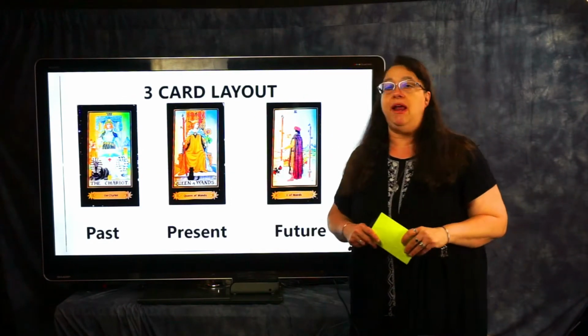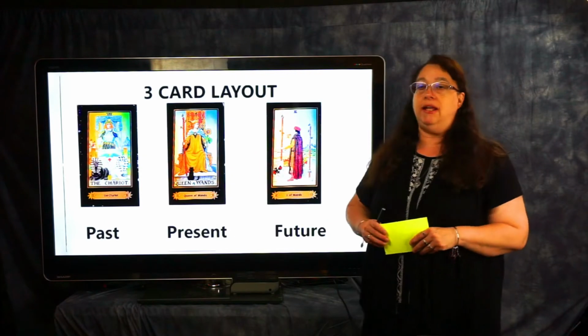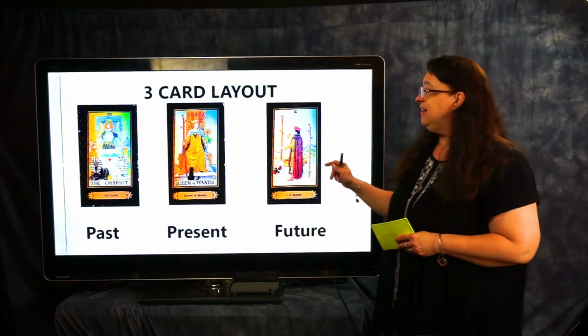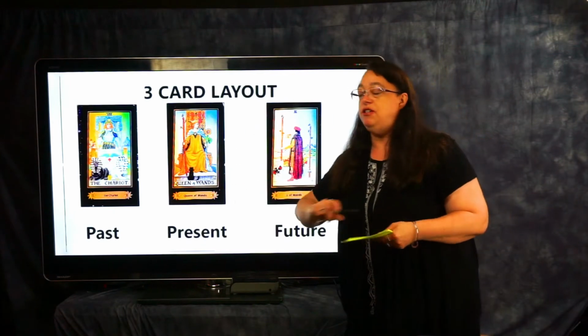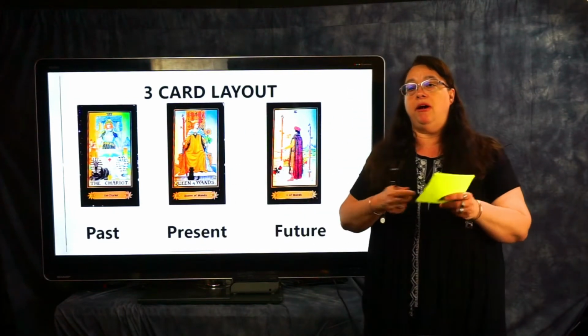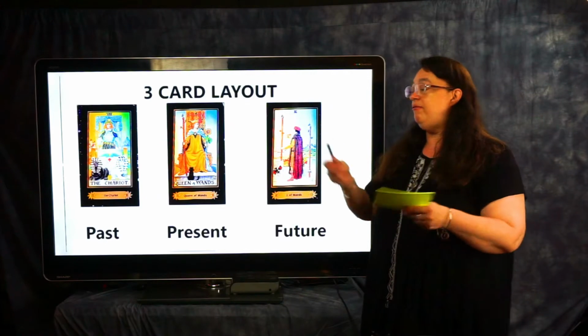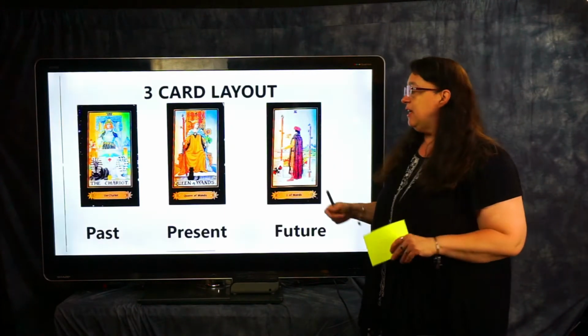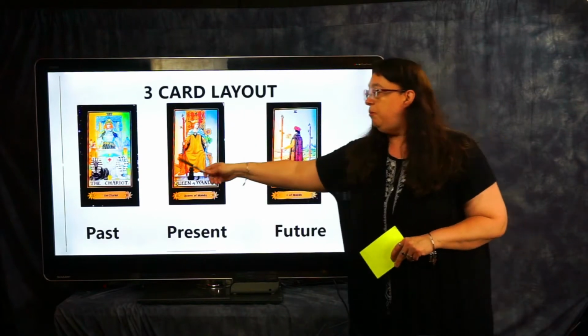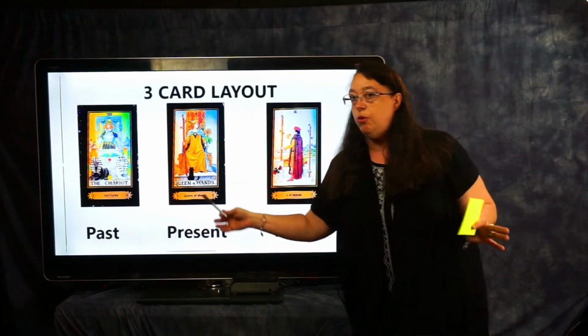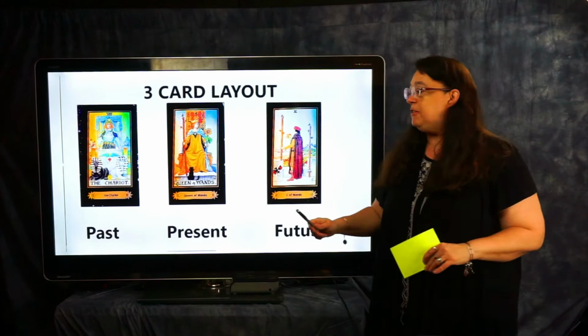The most basic one out there probably is the 3-card layout. Basically the idea is you shuffle your cards and pick 3 different cards, either one right after the other, or you might pull them out of the deck, or they might fly out, however different readers like to do it. You lay them out, and the first card would represent the past in whatever query or question the reading happens to be about.